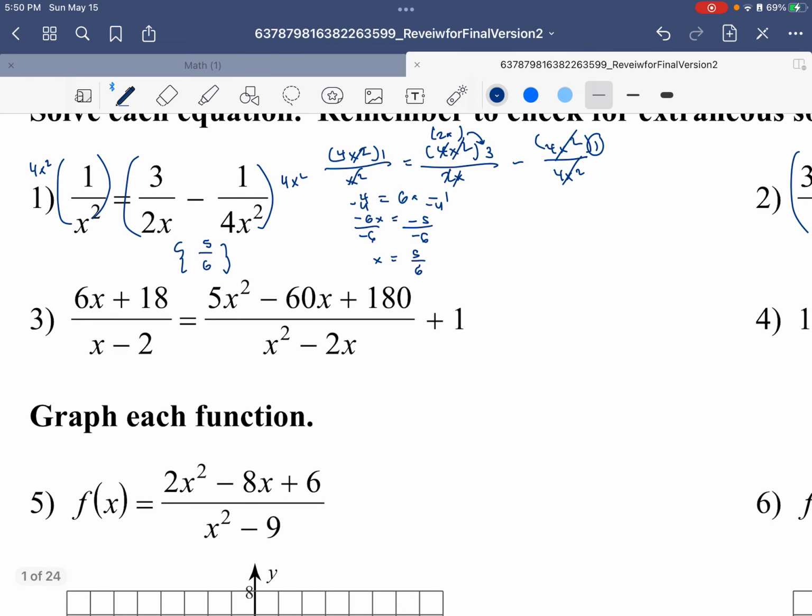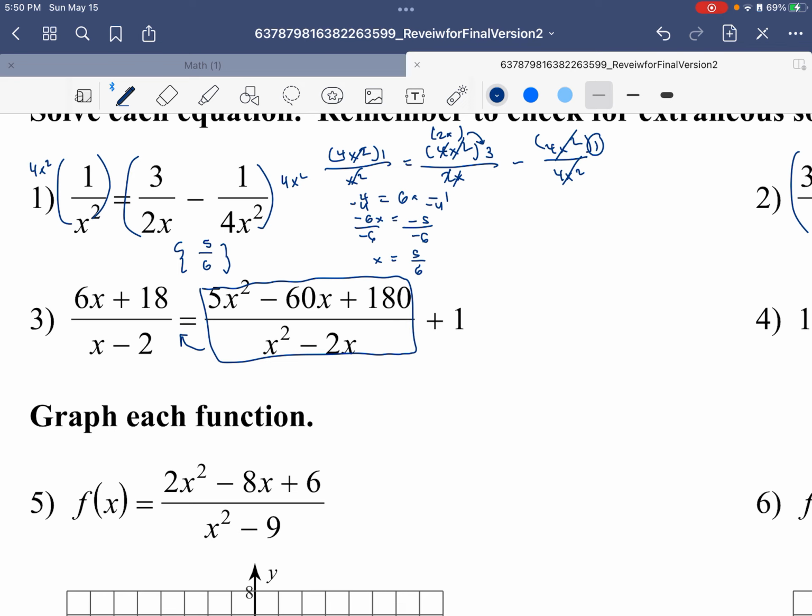Okay, so for this one, what I'm going to do is I'm going to move this term to this side. So 1 is going to be on the right side by itself, and I'm also going to simplify and factor as much as I can.